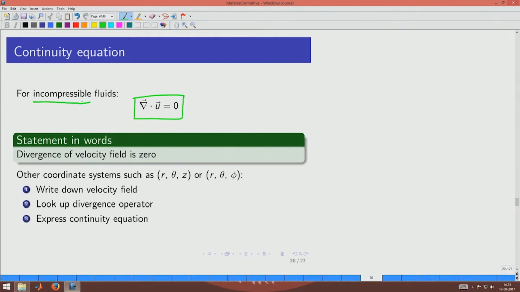Usually in situations where the fluid flow is approaching the velocity of sound, we have compressible phenomena coming in, but in materials processes the velocities are generally quite small, and therefore by default we only refer to incompressible fluids, and for incompressible fluids the continuity equation is very simple: the divergence of u is 0.